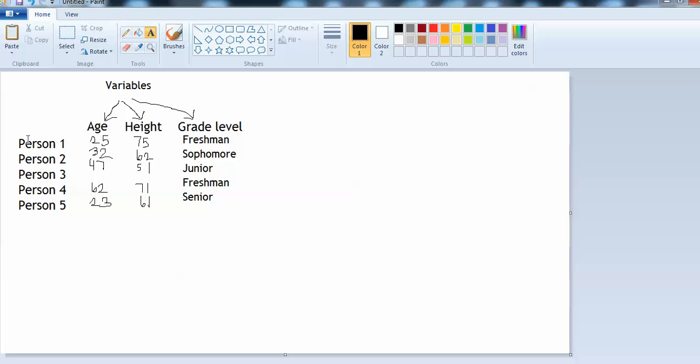The data that we recorded from person one is here, here, and here, and the data that we recorded from person two is here, here, and here. So each row is a different participant.